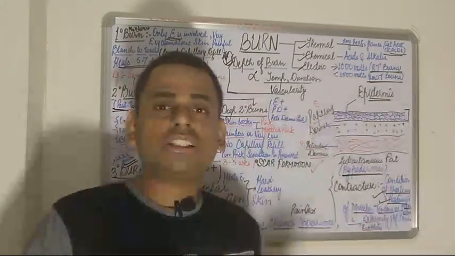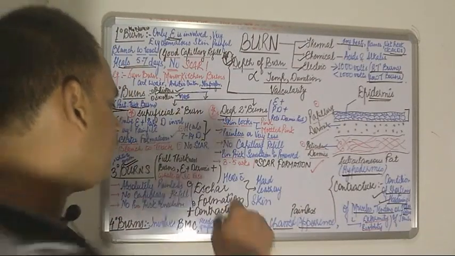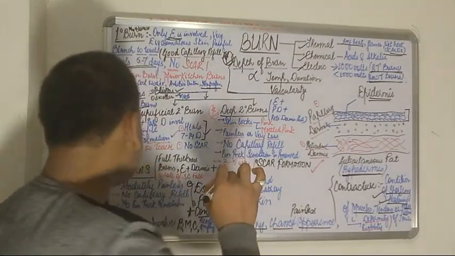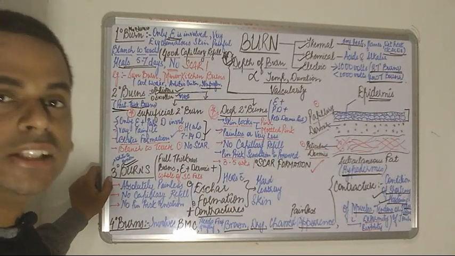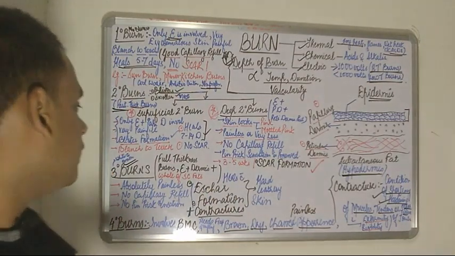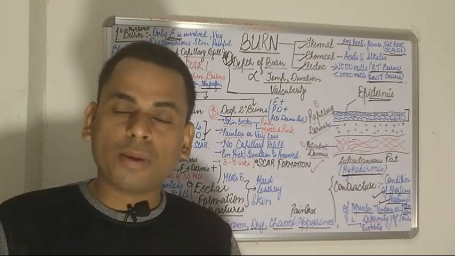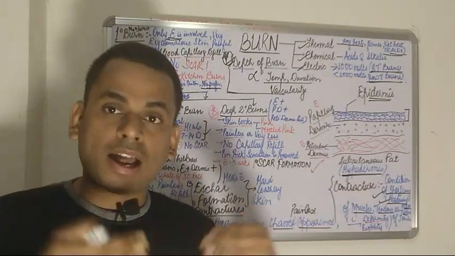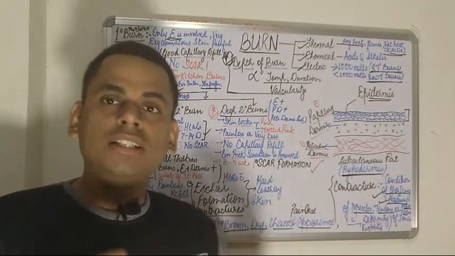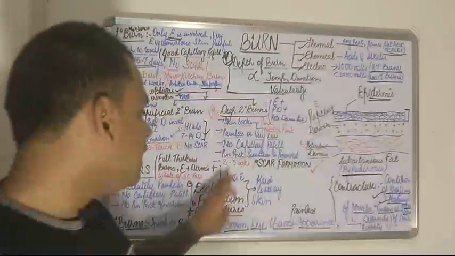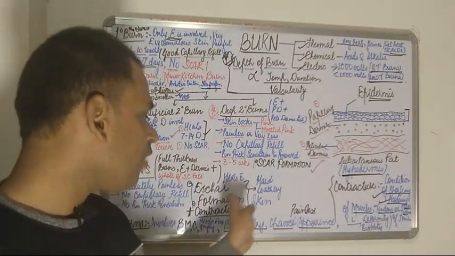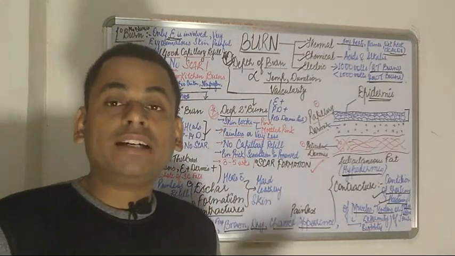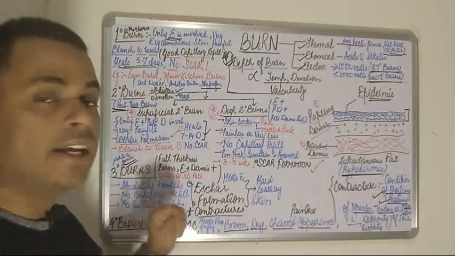So contractures are the basic phenomenon, the most distinguishing feature, mostly seen in 3-degree burns. So students, do remember the eschar formation and the contractures are the late manifestations, that is after the healing of the 3-degree burns. These two phenomena can be very evidently seen in patients of 3-degree burns.